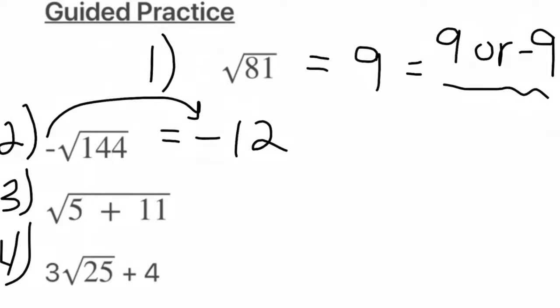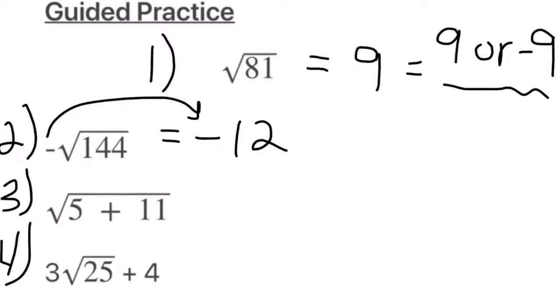So number 3 is a little bit more tricky, mainly because we just haven't done anything like this yet. But we do know that, or at least I hope we know, that 5 is not a perfect square root. It's not on our list, and neither is 11, meaning we can't find those square roots and then add.